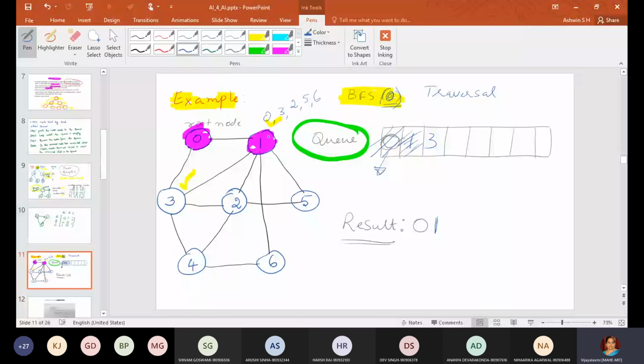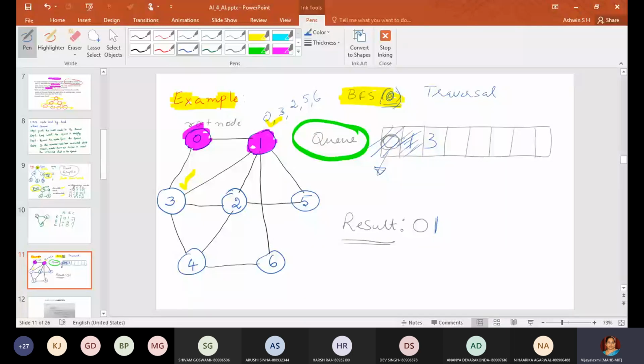The child nodes of 1, is it 0, 3, 2, 5, 6? Yes, ma'am. Why am I considering 1? Because I am removing 1 from the queue. I am writing it here in my BFS traversal. That is the second step.